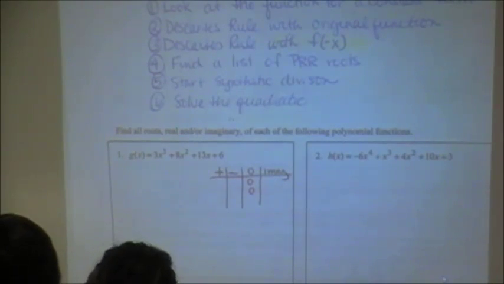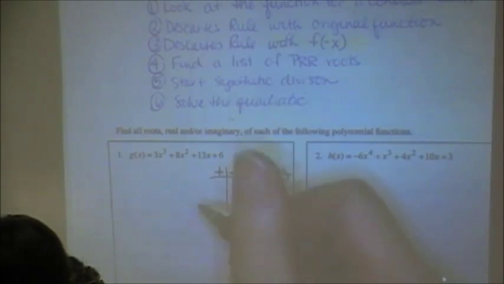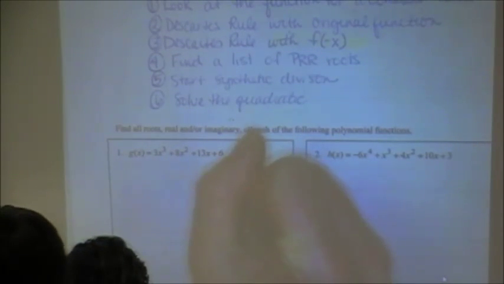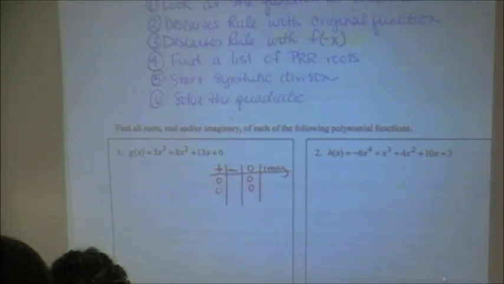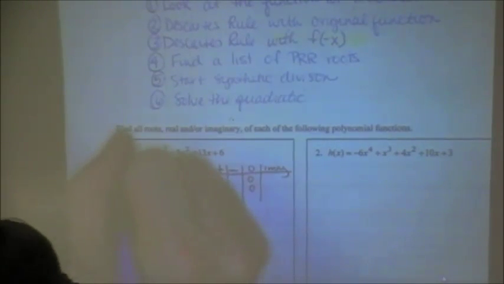Okay, so now I'm going to count sign changes. None, which means I have no positive roots. That's a little crazy. Now we're going to do Descartes' rule with negative x.